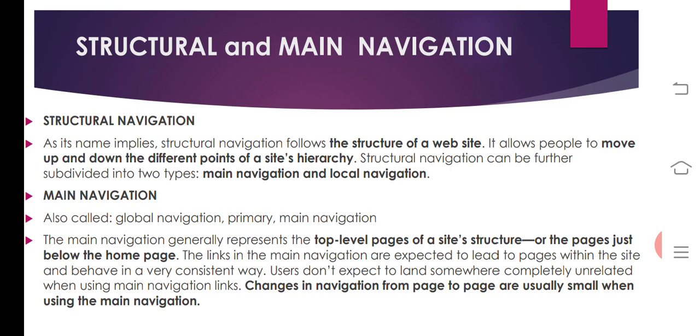The structural navigation can be subdivided into two types: main navigation and local navigation. Main navigation means using bars and tabs. The main navigation is called global navigation, primary navigation. It represents the top level pages of the site structure, or the pages just below the home page.